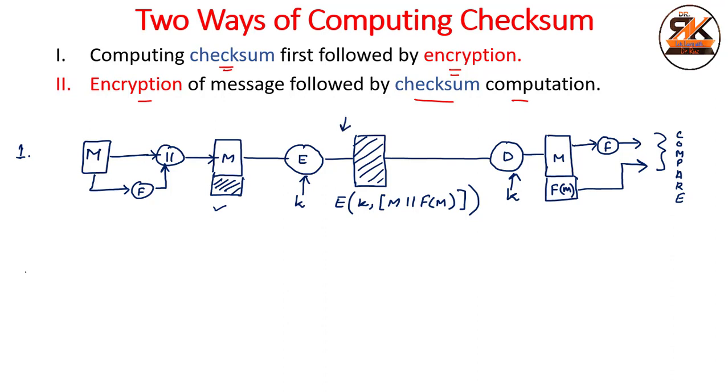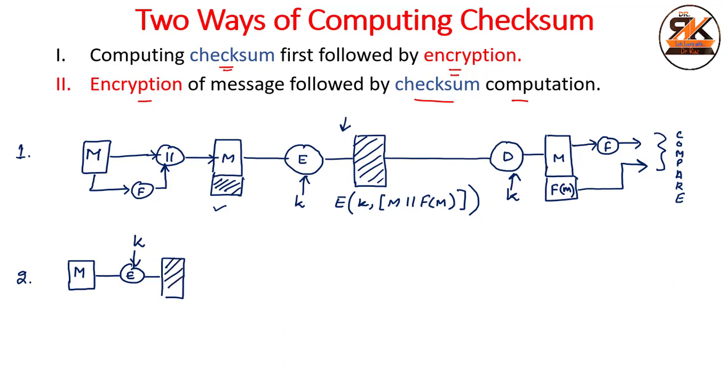In the second approach, first you perform encryption, and then you compute the checksum. So for the second approach, the structure is like this. First you have the message, and then you apply the encryption function. Some key will be applied to this, and you get the message in the encrypted form.